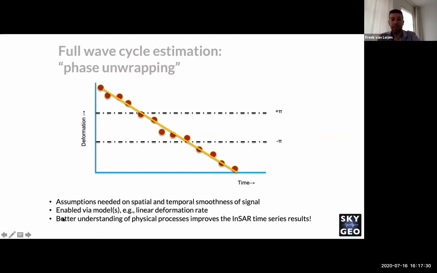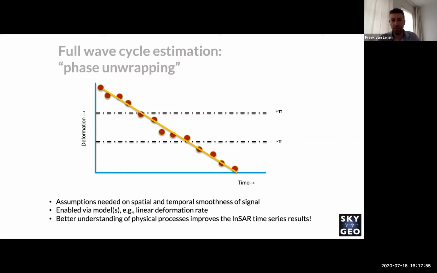It also means that the better we understand the physical phenomenon that we are studying, the better we can do this phase unwrapping. And so the more information we have, the better we can resolve this problem. Of course, without steering the solution to something that we pose to the problem. We don't want to force a certain solution.